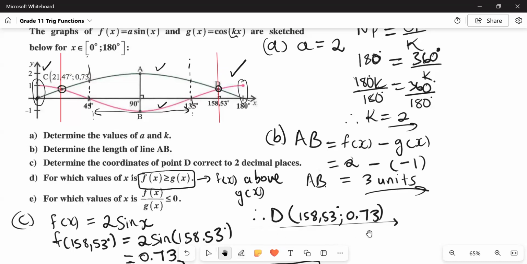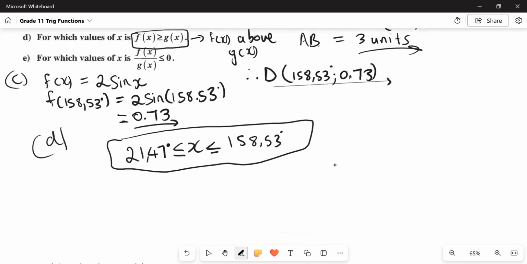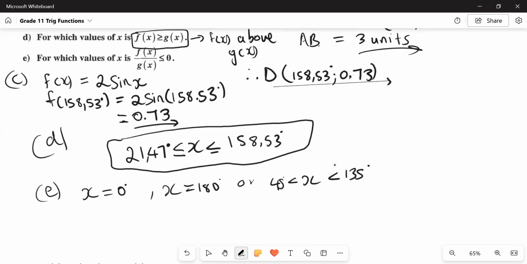So now how do we express this in a mathematical form? Again, for E, we can say x is equals to 0 degrees. X equals to 108 degrees. Or x between 135 and 45, right? 100%.